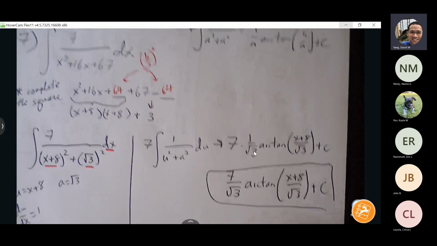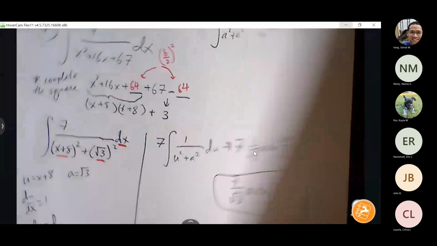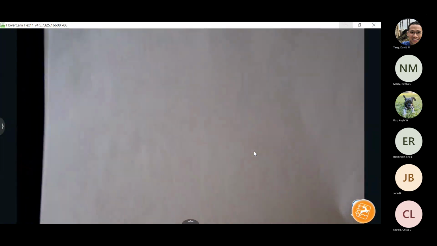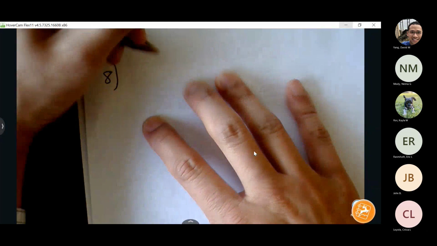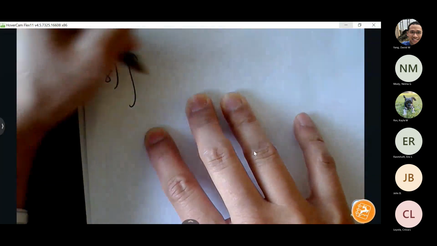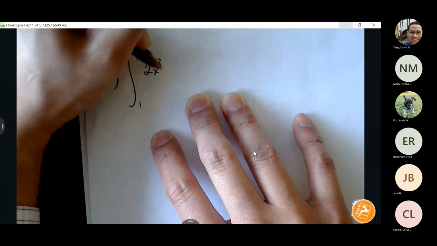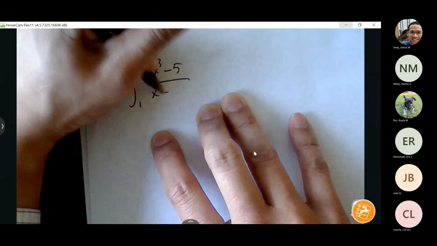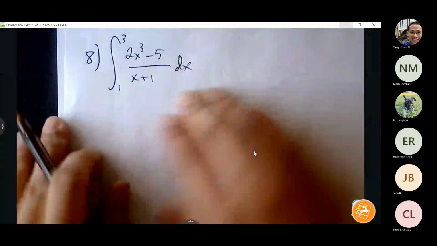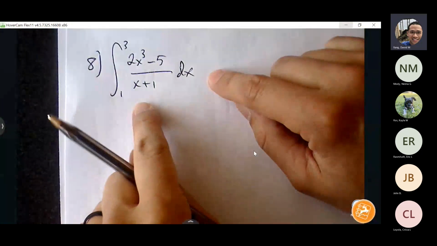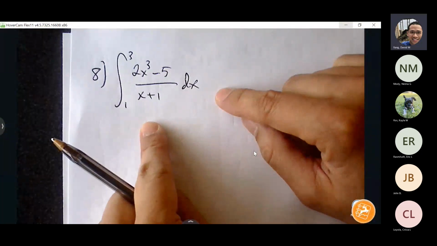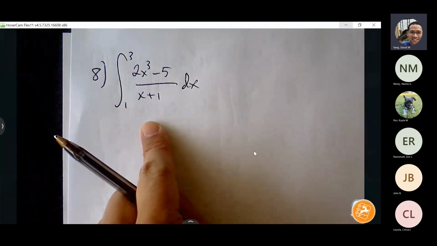Okay, number 8. All right, can you tell by looking at this problem what method is involved to find the antiderivative or to first set up the problem?